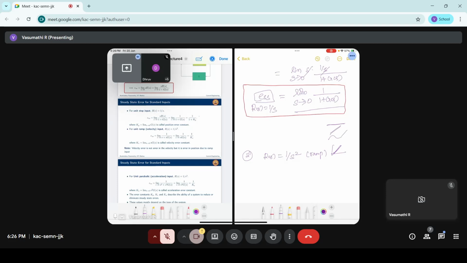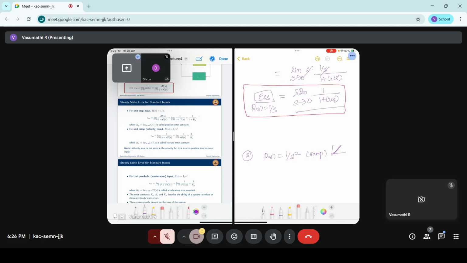Then it makes sense to see after some time how the output will be. When there is an input, there will be output. So the input should be forever, right? That's why we are not considering impulse but the rest of the inputs. For this kind of application, impulse won't be useful. That's why we are leaving it. I hope this answers your question.